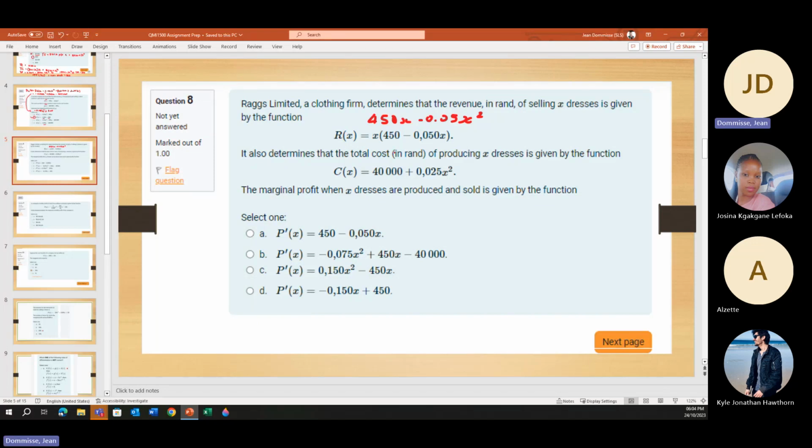Okay, so revenue minus cost. I'm now already just taking a bit of a shortcut.